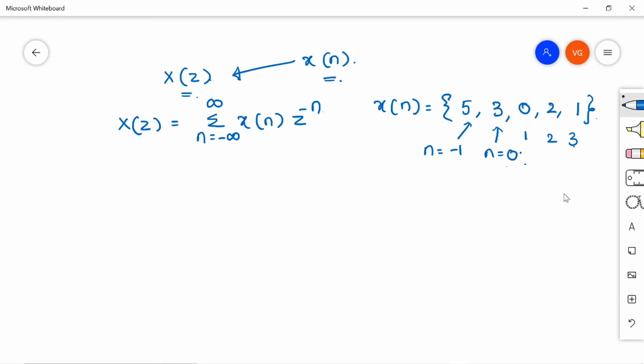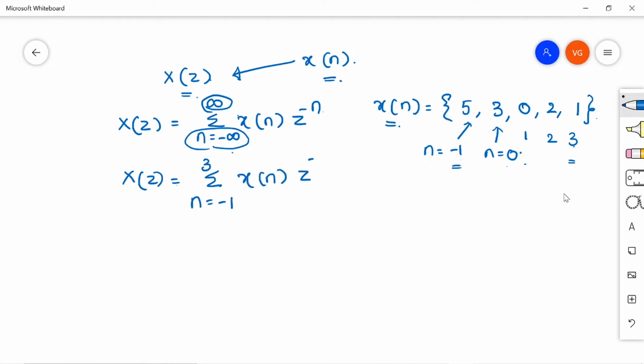So if you want to find x of z for this x of n, the range is now limited to minus 1 to 3. Instead of minus infinity to infinity, n is minus 1 to 3, x of n, z power minus n.